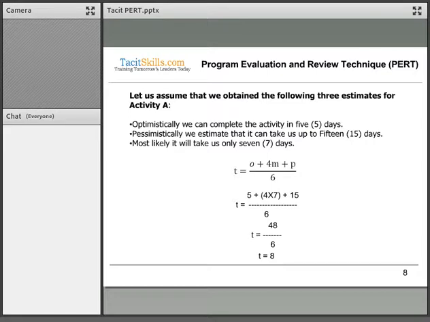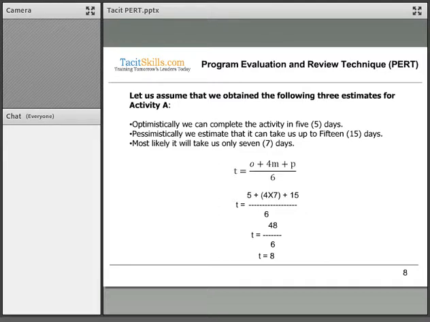Using our formula, the PERT estimate is the optimistic plus 4 times the most likely plus the pessimistic, over 6. That gives 5 plus 4 times 7, our most likely, plus 15. Adding those together gives 48 divided by 6. So our estimate for activity A would be 8 days.